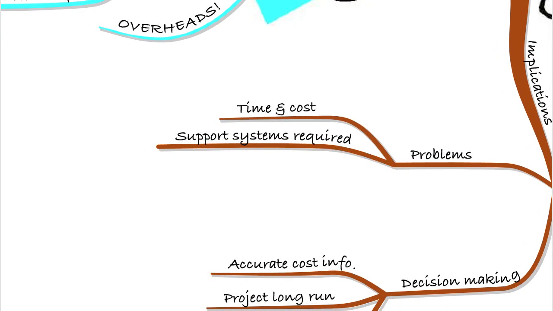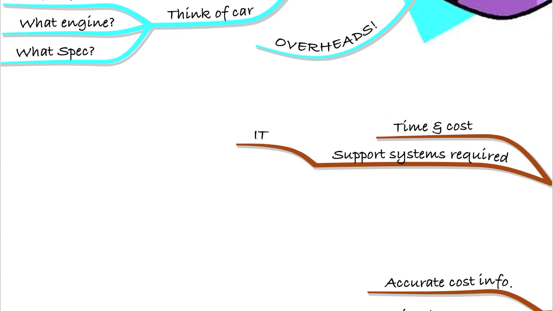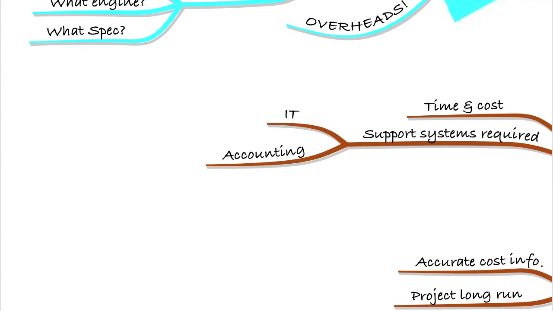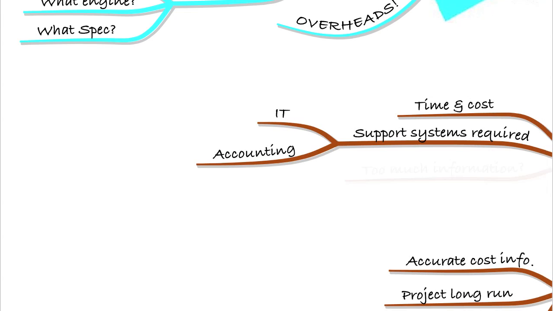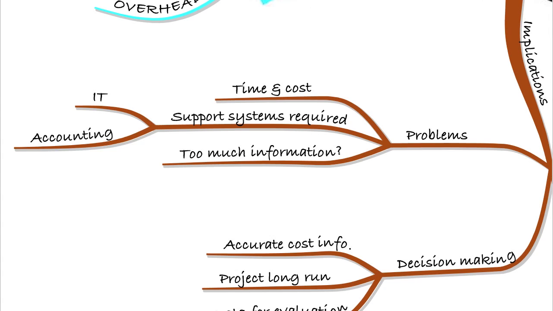Why is it going to cost money? Because the support systems are going to be required. We may need a new IT system, we may need a new accounting system. Both of those are going to cost money. You may also find with activity-based costing that too much information is produced. If you produce too much information, then the value of that information is degraded because we don't know what to do with it.